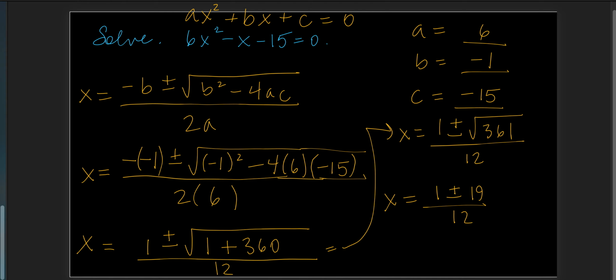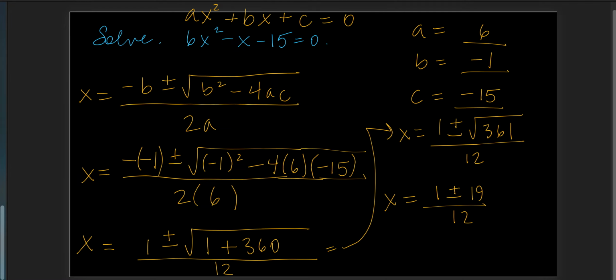Okay, so I have x equals 1 plus or minus 19 over 12.